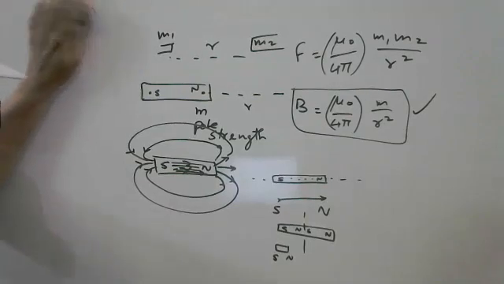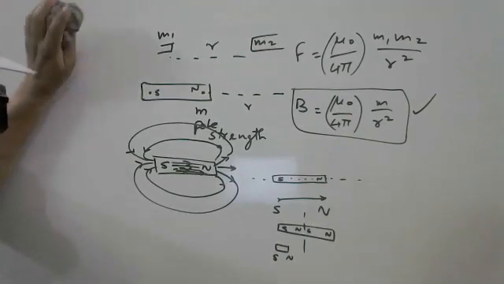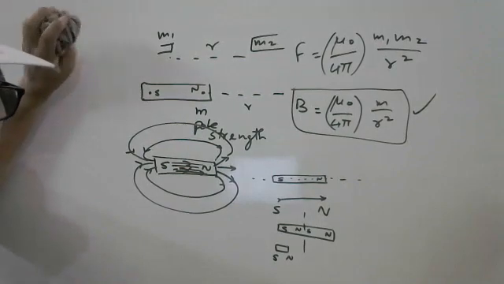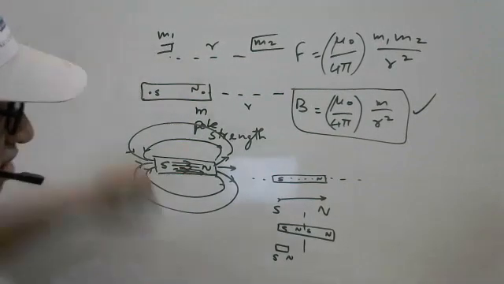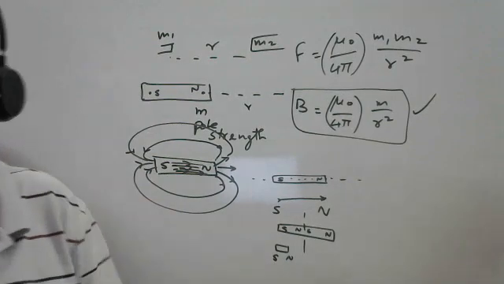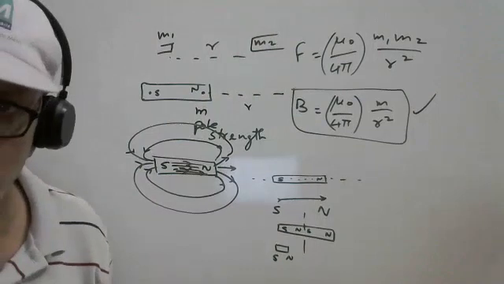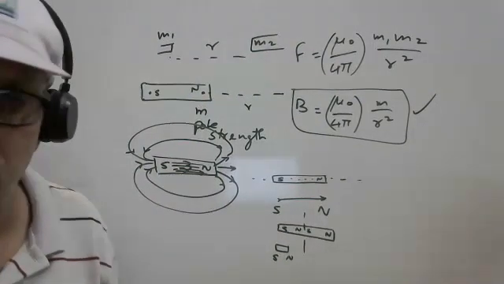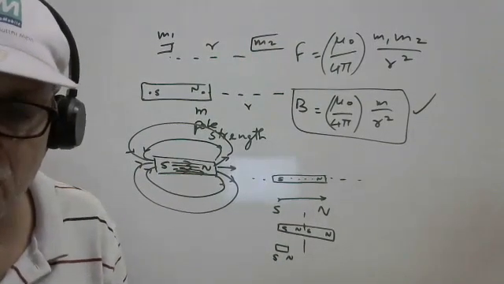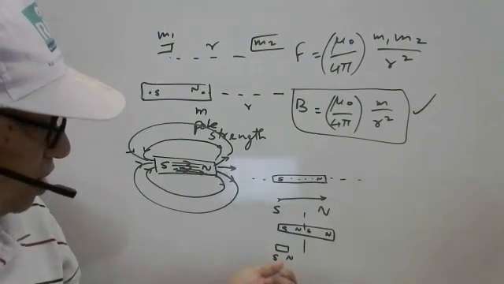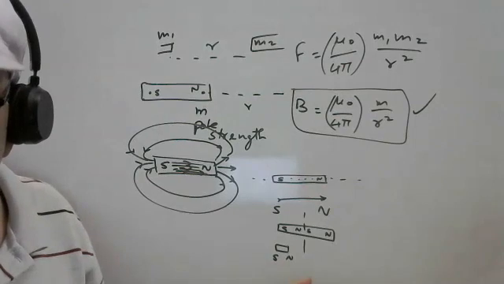If there is any doubt up to this, please just ask, otherwise we will discuss this very important point. Even one electron revolving around the nucleus is acting like a dipole.